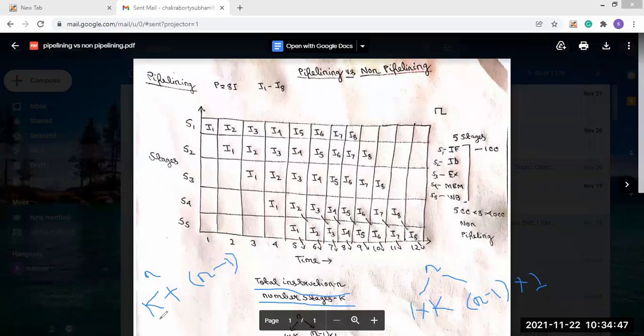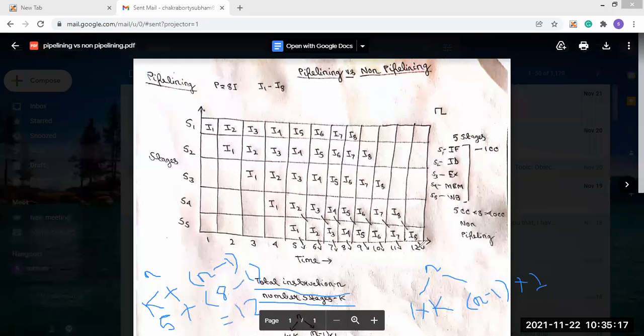Now if we take this, 5 stages are present, so 5 plus the number of instructions, 8 minus 1, this will become 12. So in 12 clock cycles, this total program gets executed.